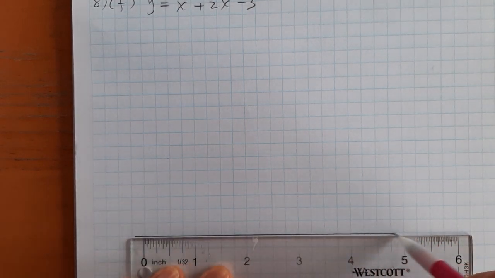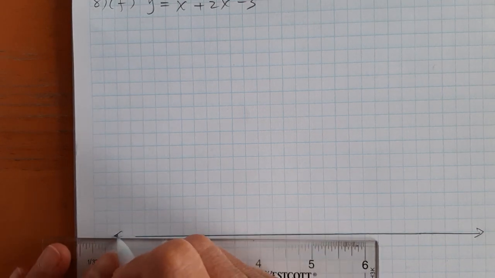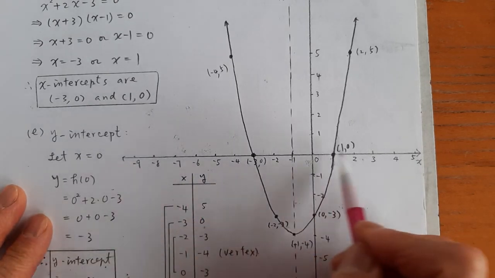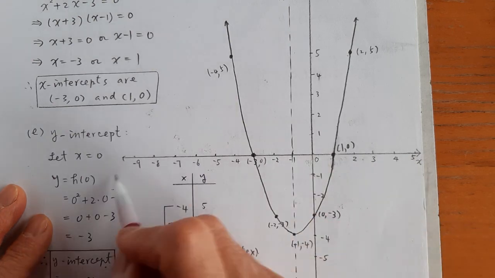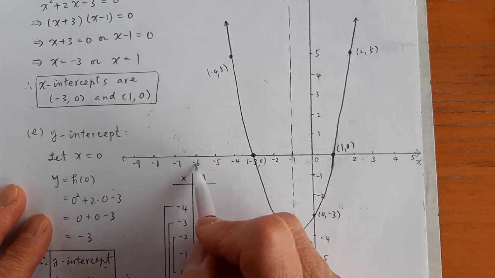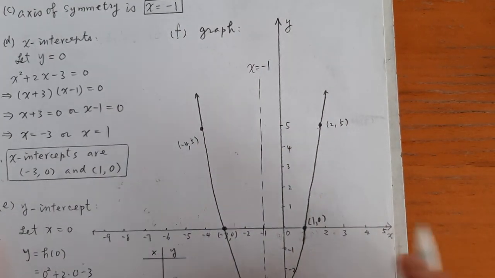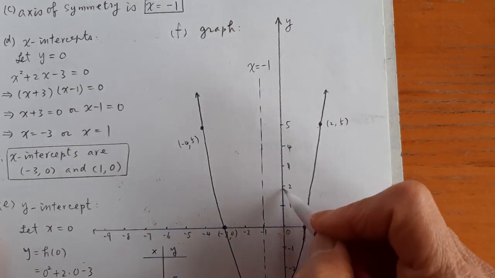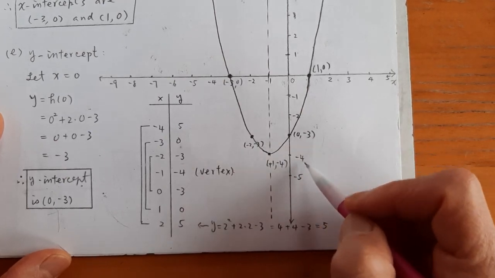I already drew them here. Draw the x-axis and mark 0, 1, 2, 3, 4, 5, and to the left negative 1, negative 2, negative 3, negative 4, negative 5, negative 6, and so on. On the y-axis, mark 0, 1, 2, 3, 4, 5 upward at equal distances of 1 unit, and downward negative 1, negative 2, negative 3, negative 4, negative 5.